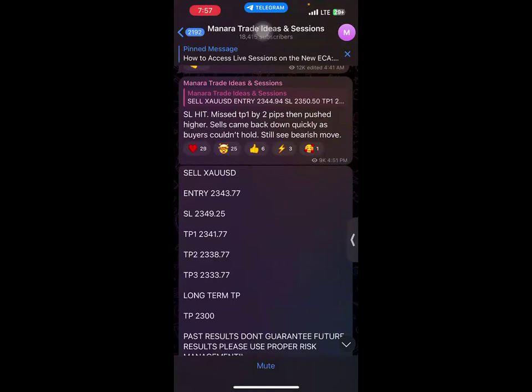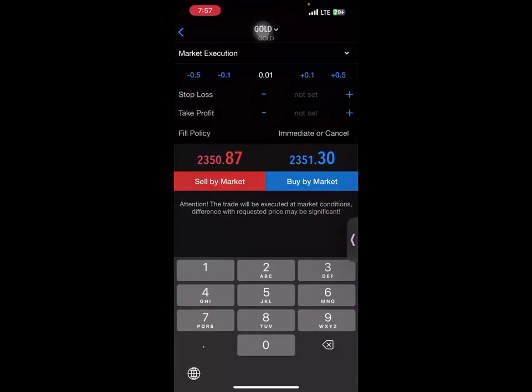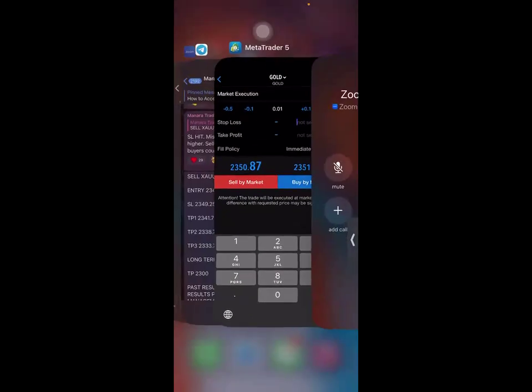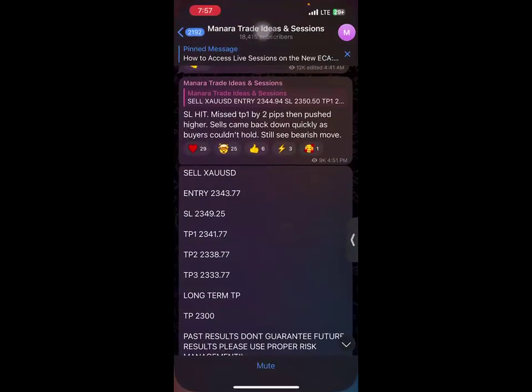Go back to your MetaTrader 5. I'm trying to create something. 2343, buy by market. Sorry, go back to your Telegram rather. Let's see another trade idea.